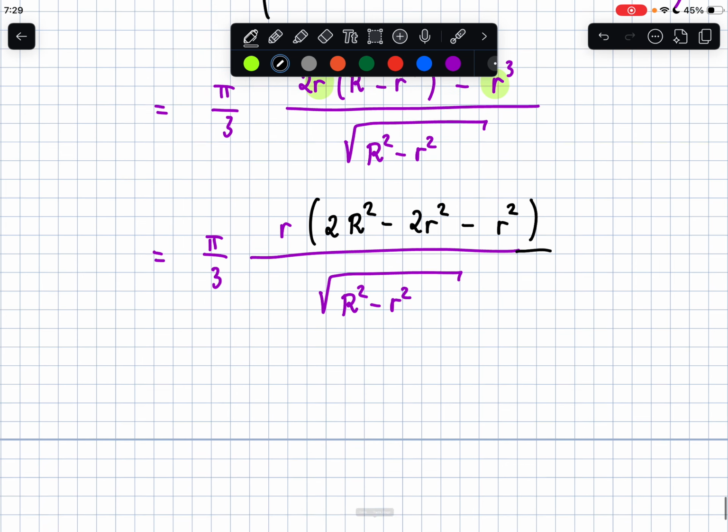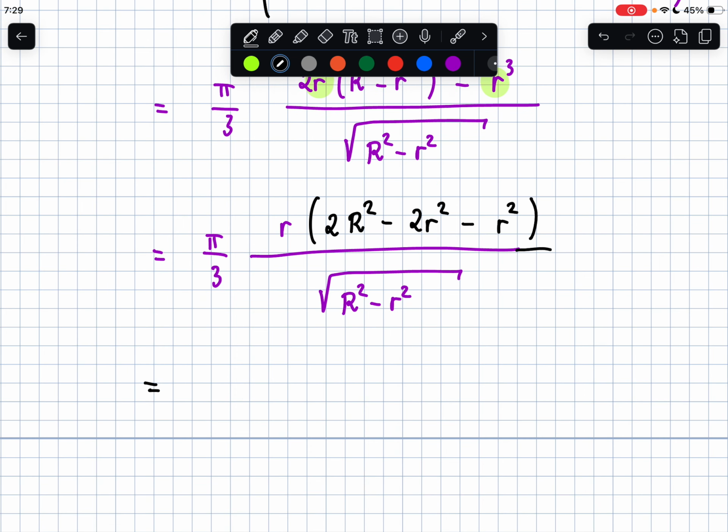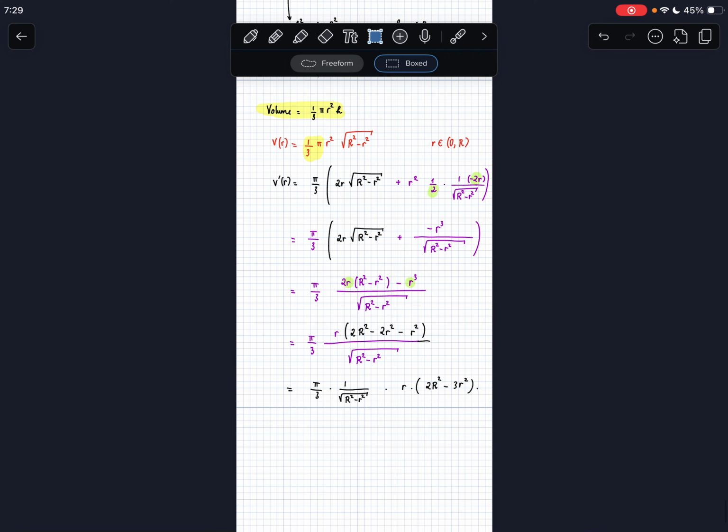This one is equal to pi over 3, 1 over square root of R squared minus small r, times 2 big R squared minus 3 small r squared. So now this is our V prime.